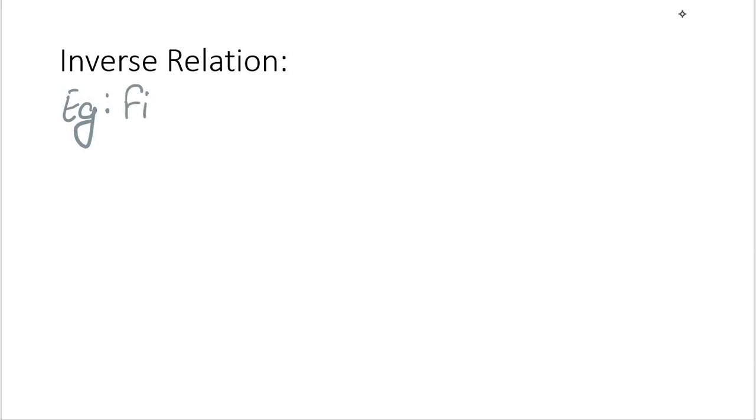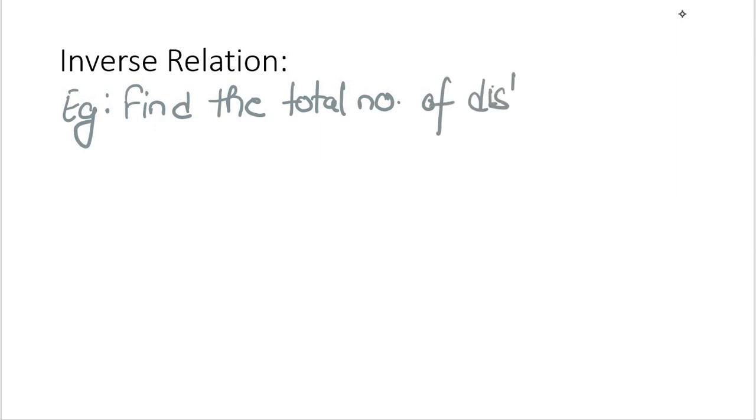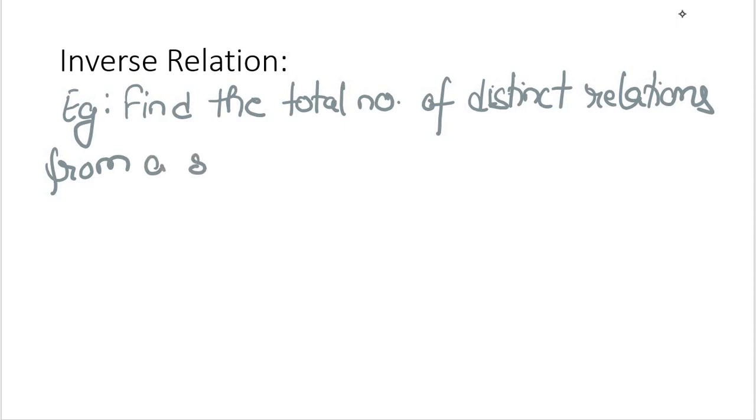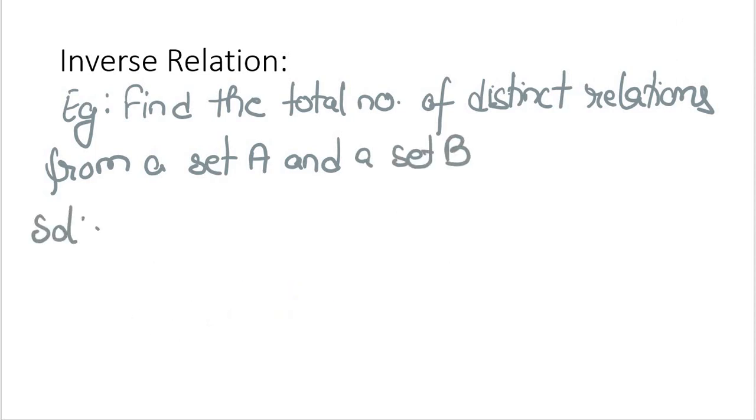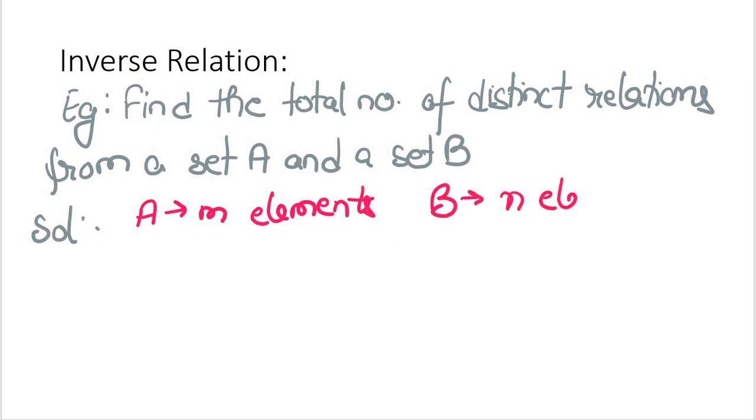We need to find the total number of distinct relations from a set A to a set B. So in this case, you can assume that let's say A has m elements and B has n elements.